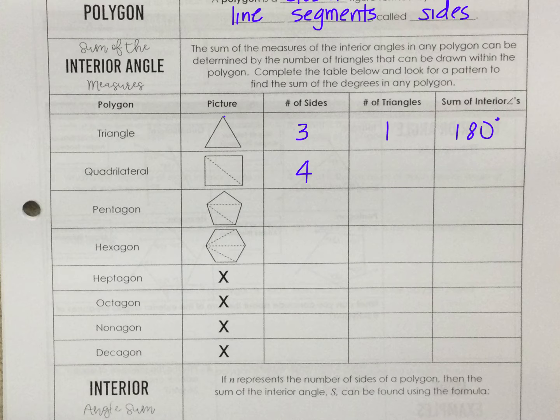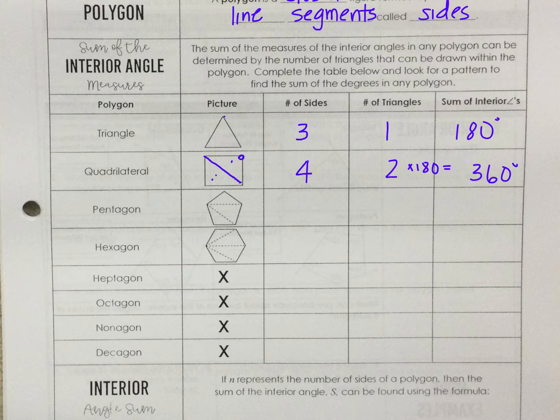We know that from before. So what it says is, how many triangles can you make? Well, I can cut it in half, and now I have 2 triangles. And a quadrilateral, since it's 2 triangles, I actually do 2 times 180, and that gives me 360.